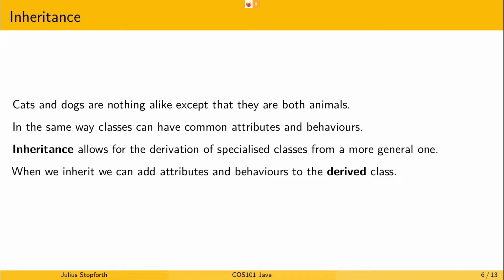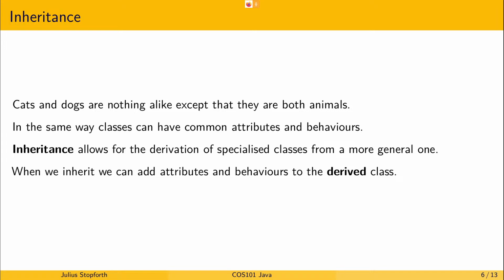So inheritance allows us to derive or extend a more general class into specialized classes. Okay. Then when we inherit, we get all of the attributes and behaviors of the parent, or the superclass, as we say, in the derived class.